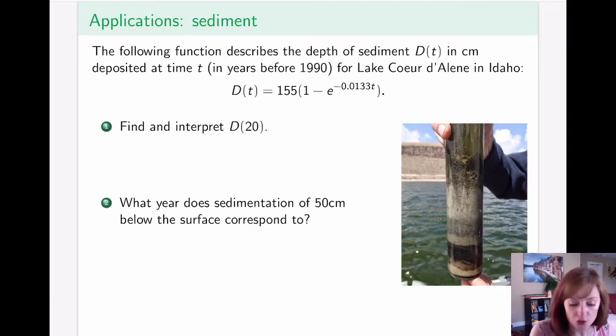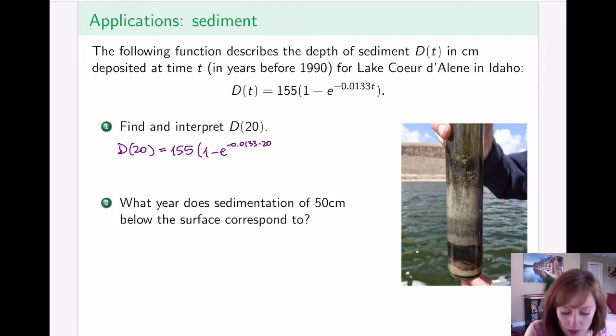Okay, so the first thing here is to find and interpret d of 20. This one is fairly straightforward. We simply plug 20 into our function, and we can plug the entire thing into a calculator, or let's say Wolfram Alpha, and it will give us a number that is approximately 36.2.